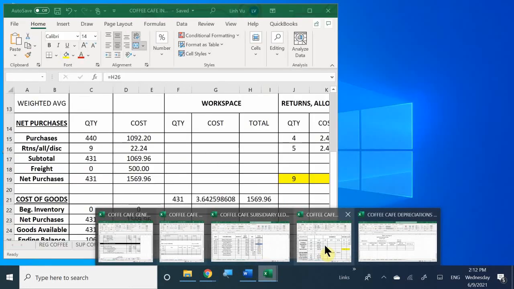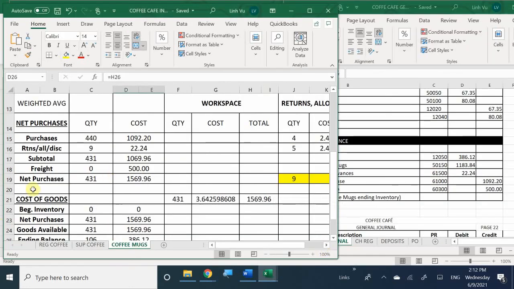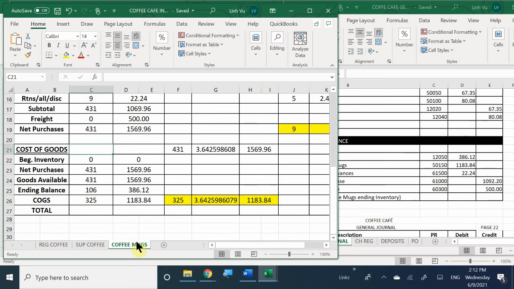All right, now did we sell 431 mugs? Am I wrong? 325. Oh, 325. Let me go back and change it. Okay, cool. Yeah, 431 is what we had available to sell. So we sold a total of 325 mugs.